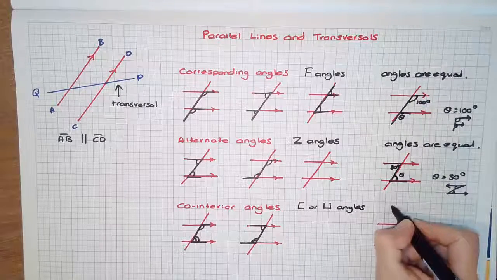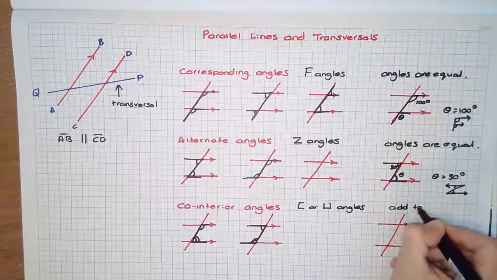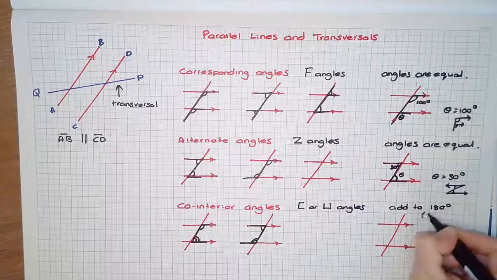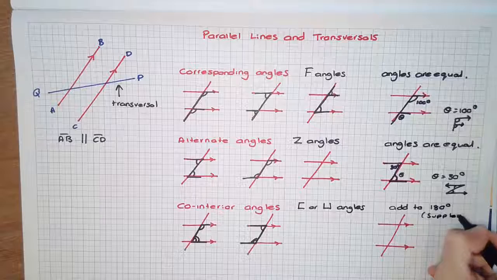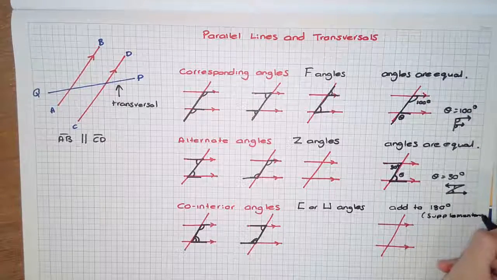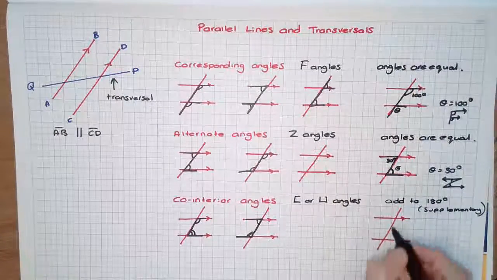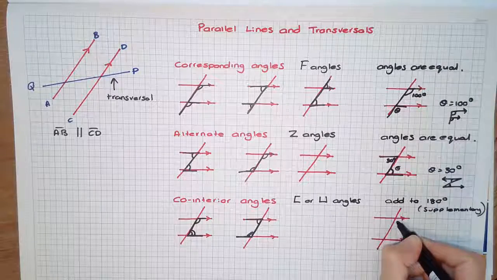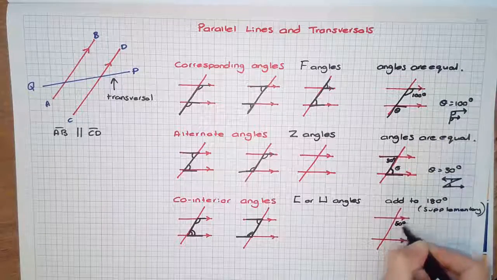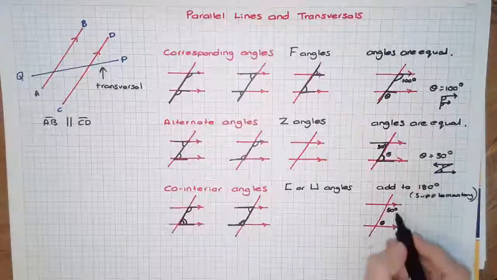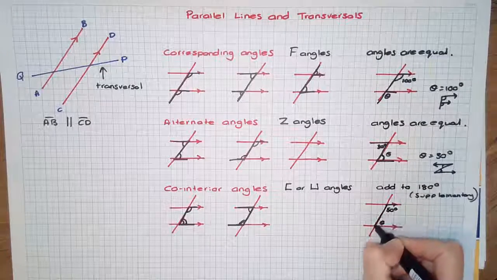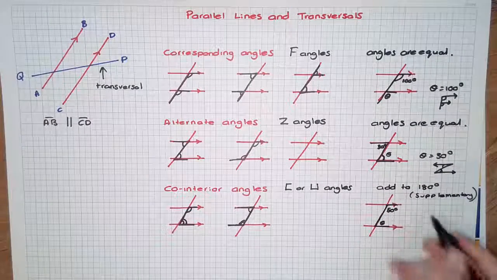That is, they add to 180 degrees. If we had this angle here as 50 degrees, then theta would be 130 degrees because of the co-interior rule.